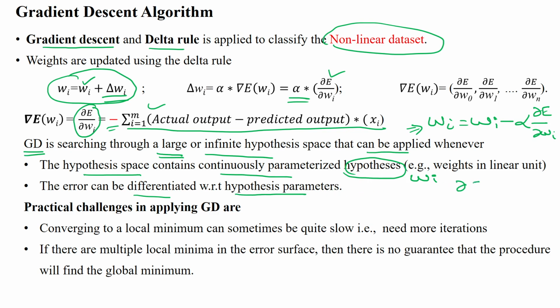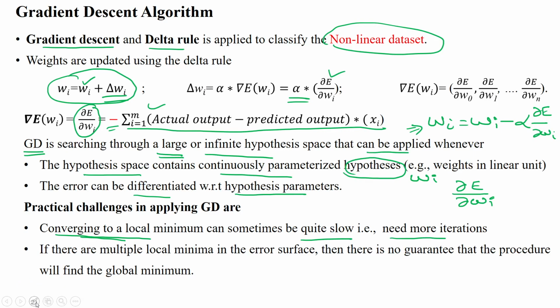And there are some challenges in gradient descent. It sometimes converges to a local minimum, which makes the convergence a little slow. That means it needs more iterations.